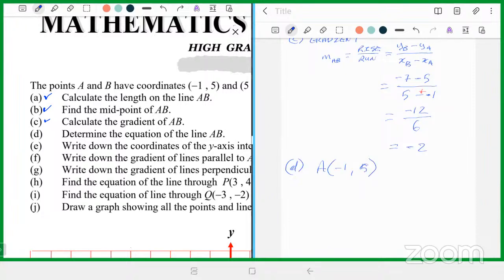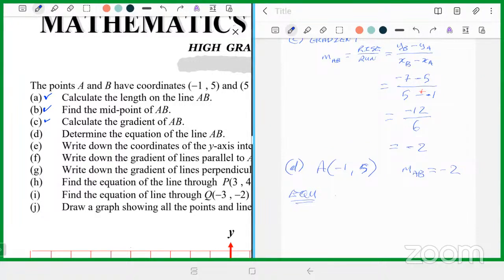I need a known point on the line, and I also need the gradient of AB, which we know as negative 2. So the equation that we're going to be using is what I call the BFF for the equation of a line. It is the point gradient form, because that form uses a known point and the gradient to get the equation.